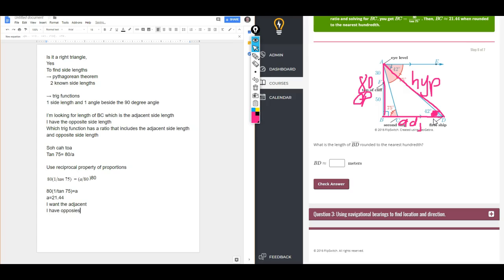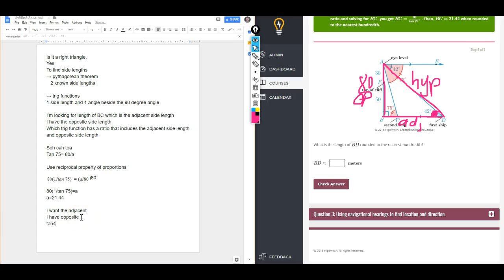So again, going back over SOHCAHTOA, which trig function has ratios that include the adjacent side length and the opposite side length, because that's what we want and what we have. So sine is opposite over hypotenuse, cosine is adjacent over hypotenuse, and tangent is opposite over adjacent. So we're going to set up the tangent again.